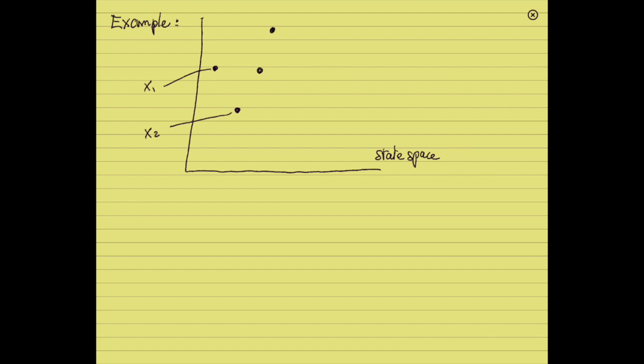So let's try to visualize a little bit the Monge and Kantorovich problems on a simple example. The state space is the plane. We introduce x1, x2, two points on the plane, and y1, y2, and y3, three other points in the plane.